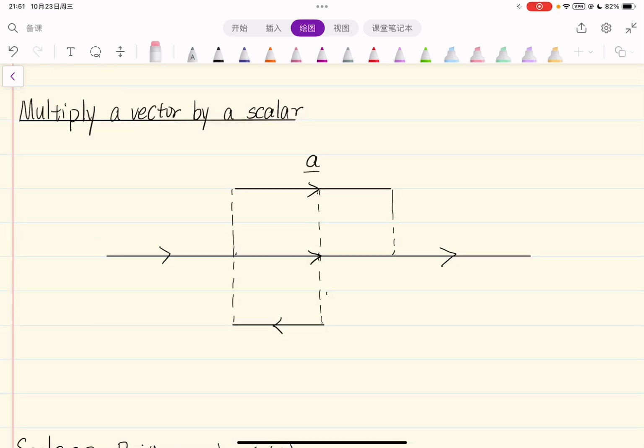How about multiplying a vector by a scalar? Well, you need to be aware that any scalar has magnitude but no direction.